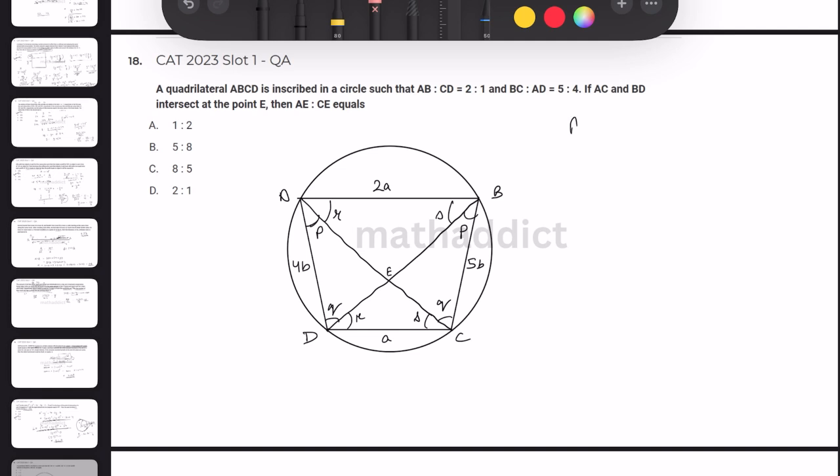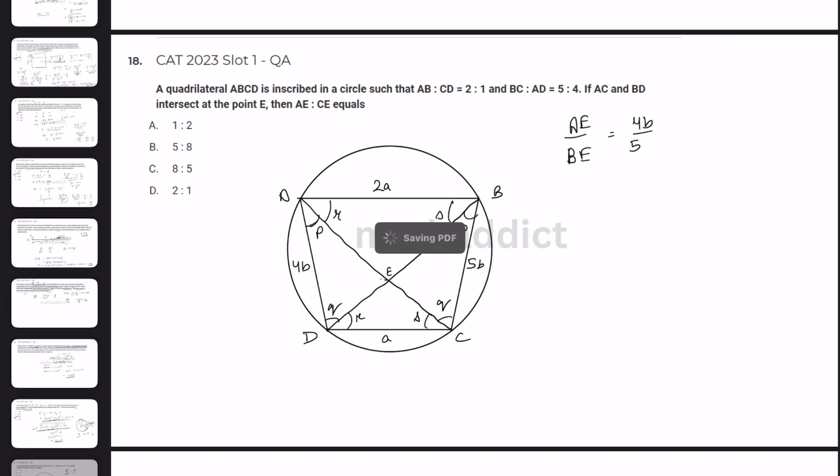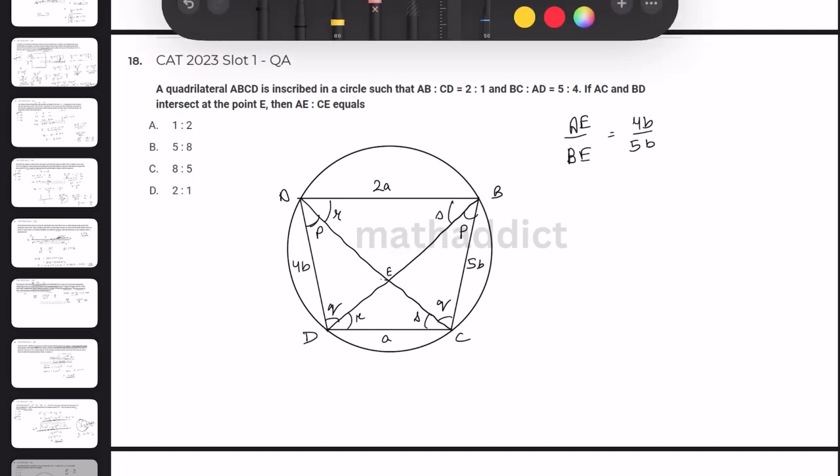So we get AE upon BE equals 4B upon 5B, that is this upon this. The sides opposite to angle Q are the same as the sides opposite to these two angles.